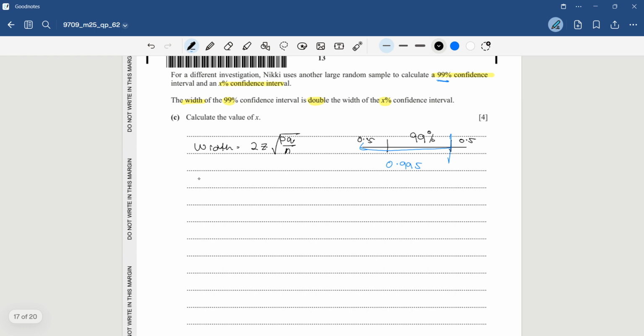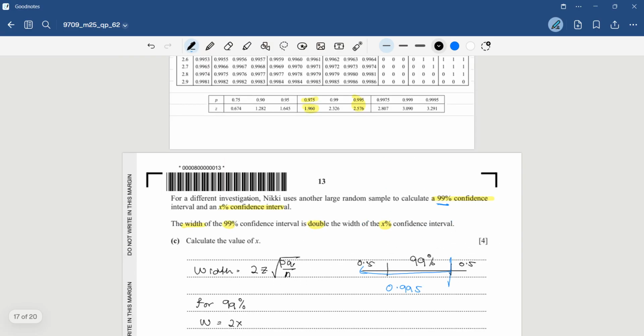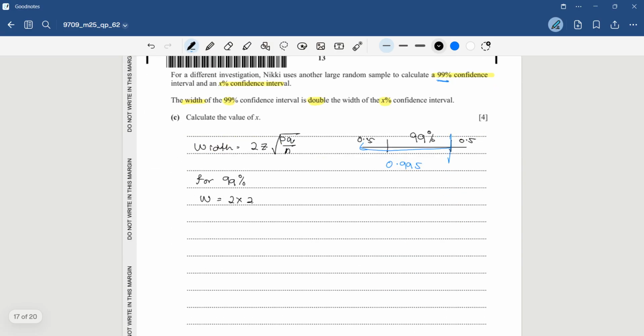Okay, so the width for 99% confidence will be 2 times 2.576 times the square root of 0.75 times 0.25 over n. I don't know n.